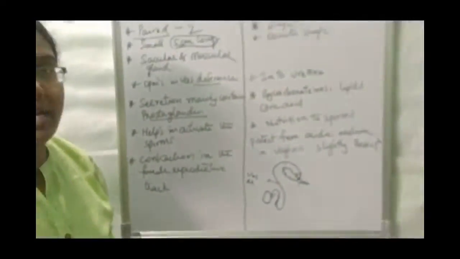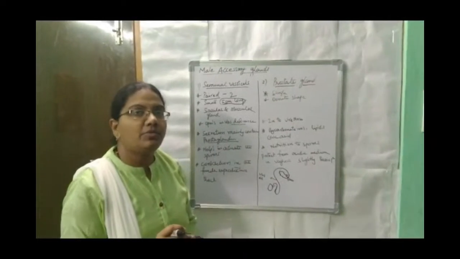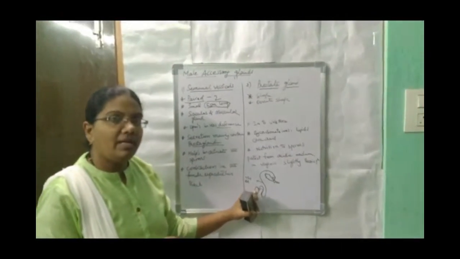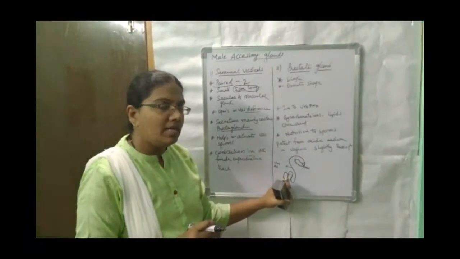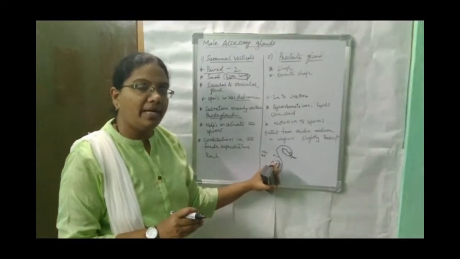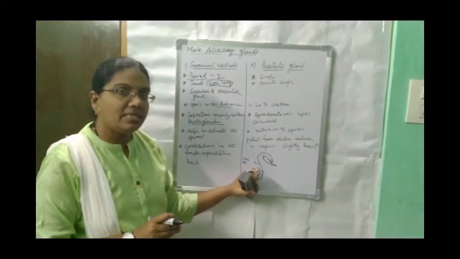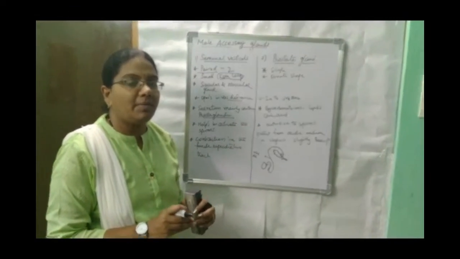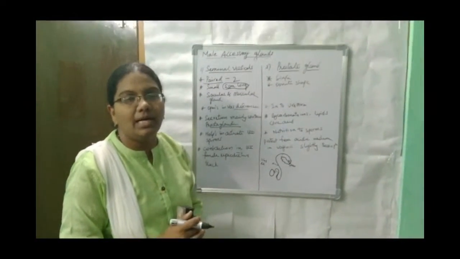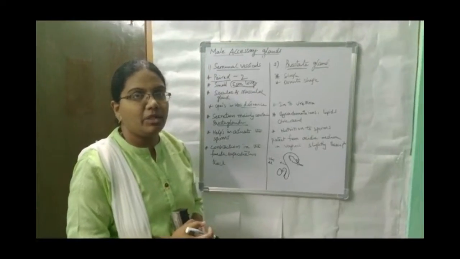Sperms are the male reproductive gametes produced by the testes. When testes produce the sperms, they are collected in the epididymis. The epididymis stores sperms temporarily for 18 to 24 hours for physical maturity.